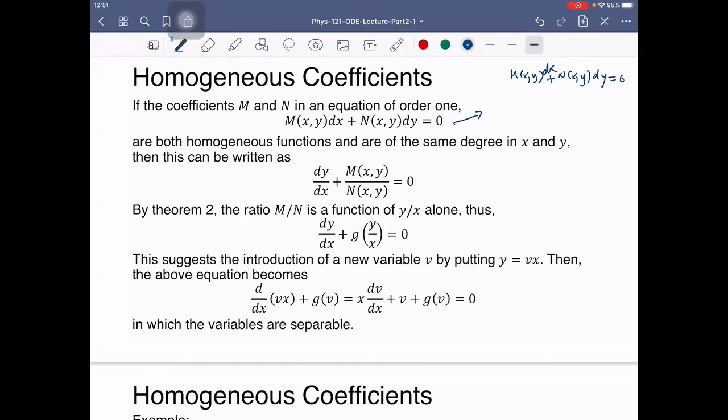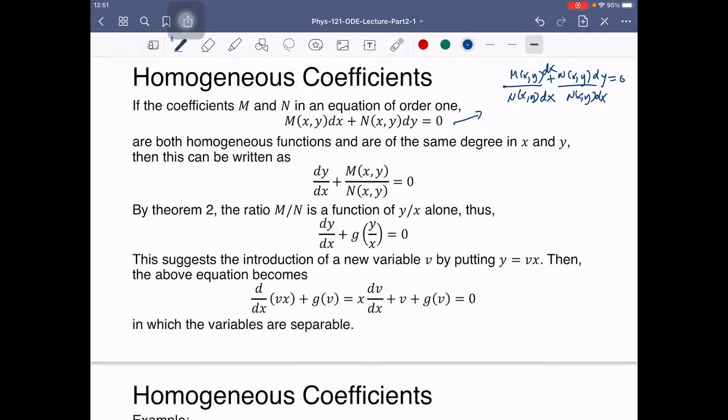So we can divide everything with n of xy dx.